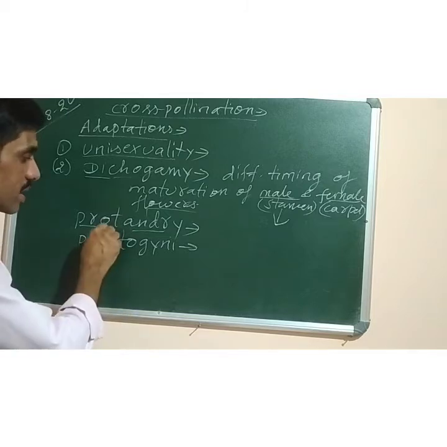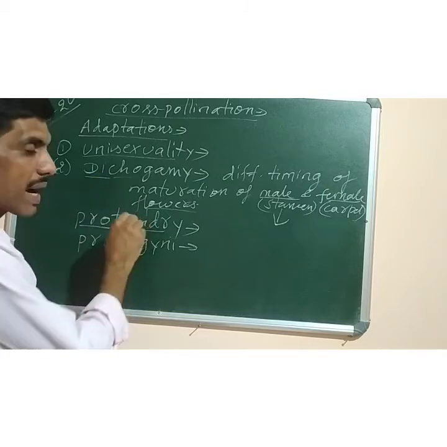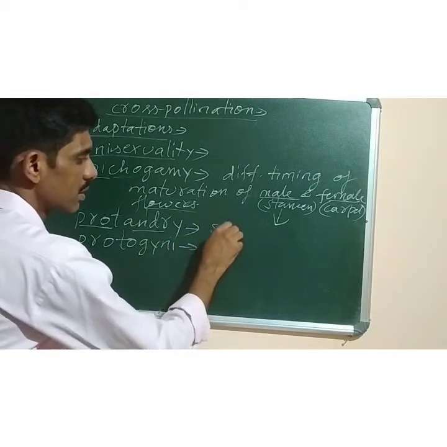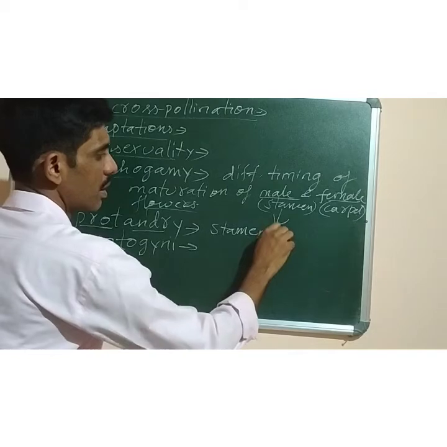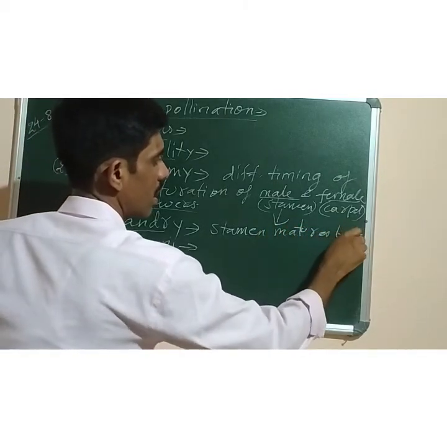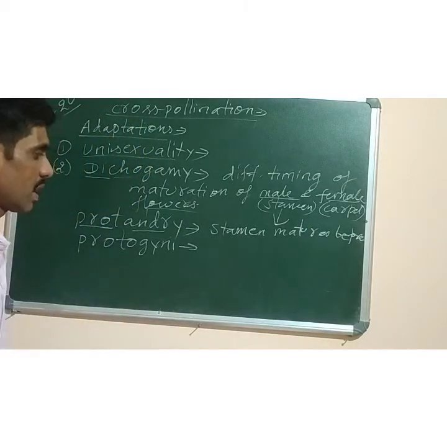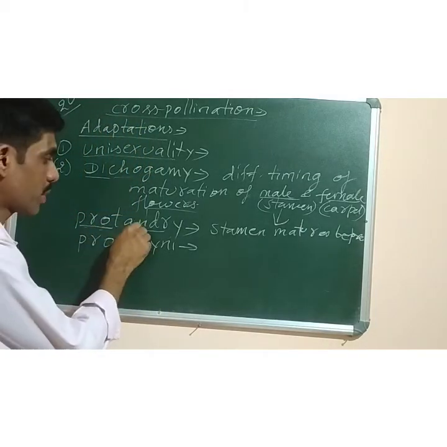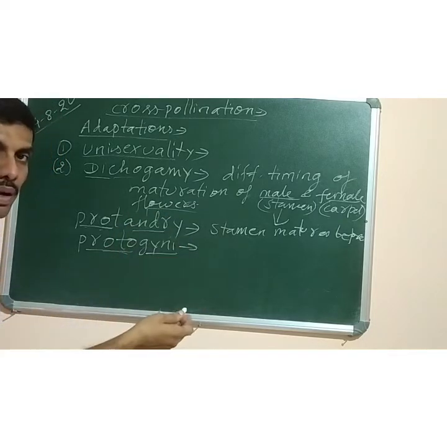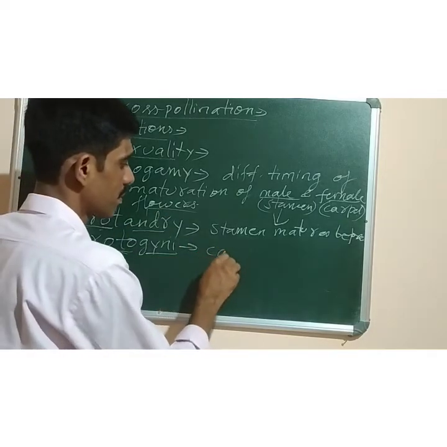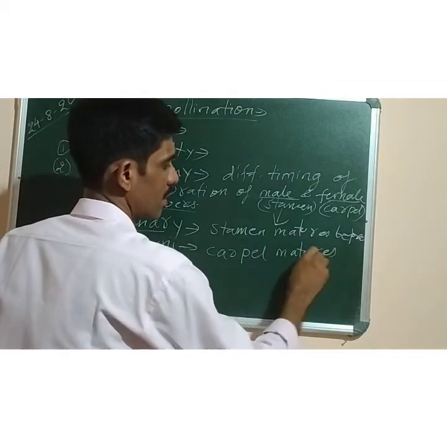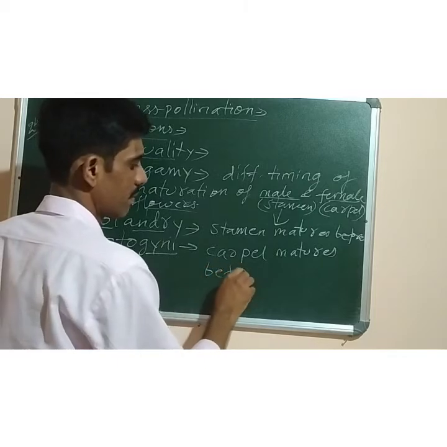So you can understand the meaning is such a bisexual flower in which stamen matures before carpel is called protoandry or protandry, and protogyny means proto means first, gyny means the female part of the flower, that is carpel or pistil matures before stamens.